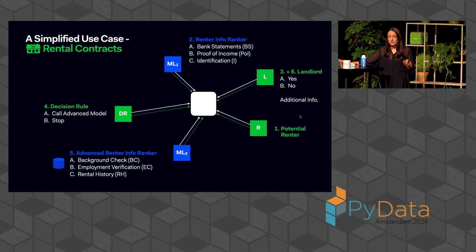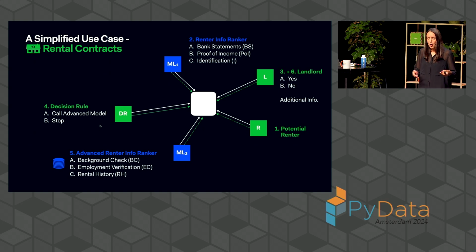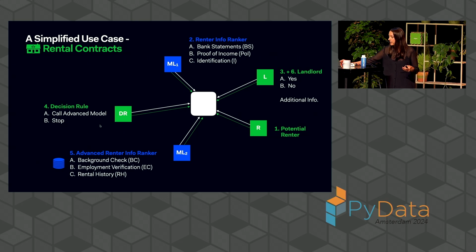Let's assume the landlord rejected the renter, and now we use that additional information to call a deterministic decision rule that now says, should we stop that process for the renter here, or should we go into another stage to try to get him approved? Let's assume we say it's worth pursuing, and then we call our last machine learning model.